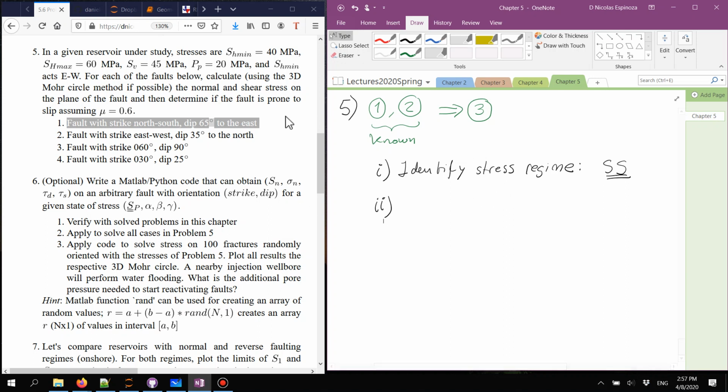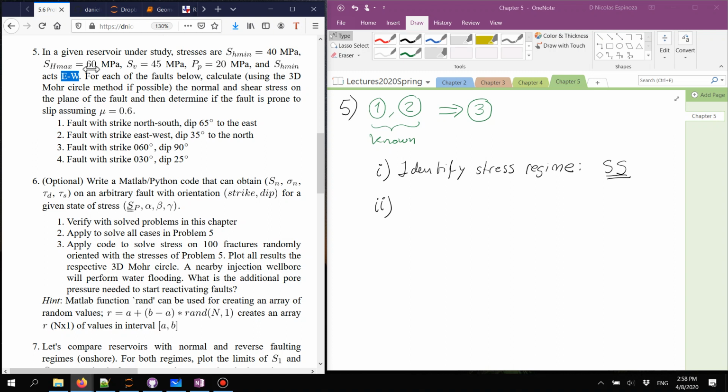So in this particular case, we have SH min acting in direction east-west. And when we talk about fault number 1, we see that this one has a strike which is north-south. And because SH min is acting in direction east-west, in this case it's going to be easier to make a 3D plot. And that's going to be a little bit more informative than doing a 2D plot.